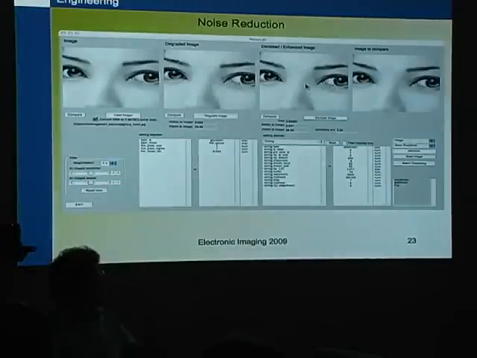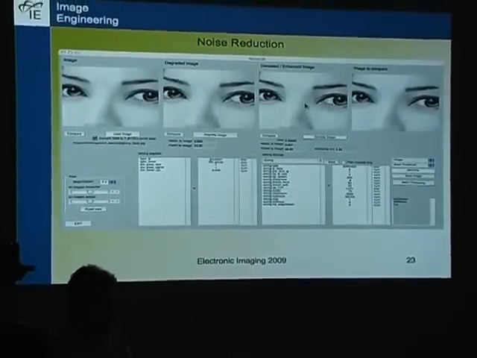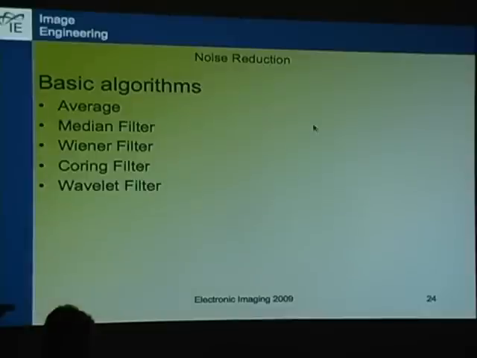So to do that, we looked at all the different kinds of noise reduction algorithms we can find out there, and there's a bunch of different mathematical systems to do that, like averaging, median filter, Wiener filter, coring filter, wavelet filters. In fact, in reality, most of the manufacturers use a combination of those, and they don't tell us exactly how they do it.